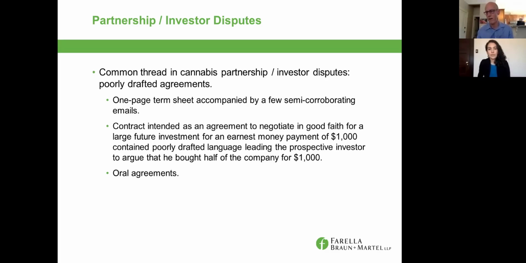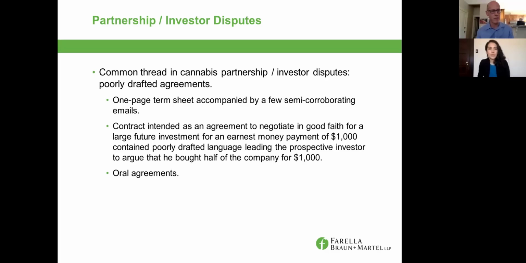emails. Another dispute was one I handled where my client was an entrepreneur who had discussions with an investor about investing possibly 6 to 7 figures in a business operation that was developing dispensaries around the state.